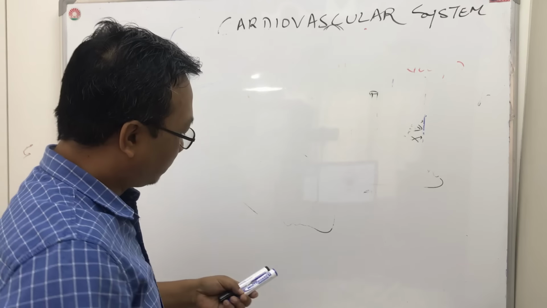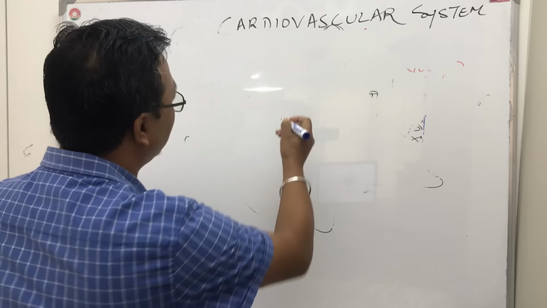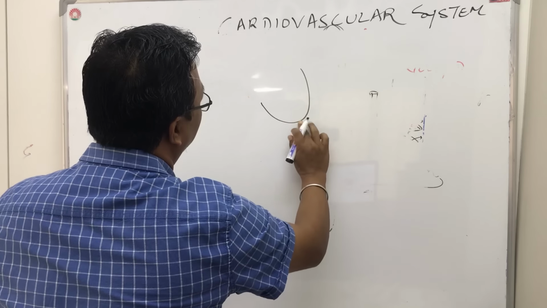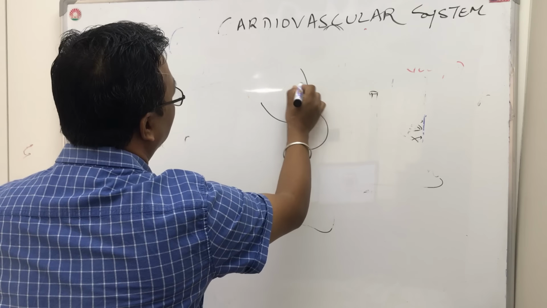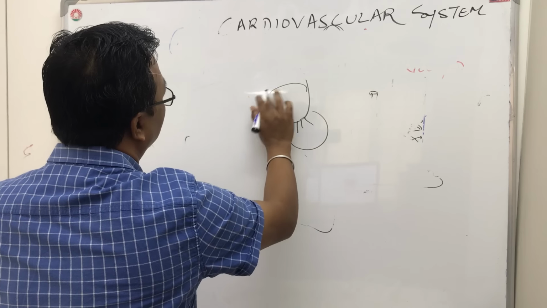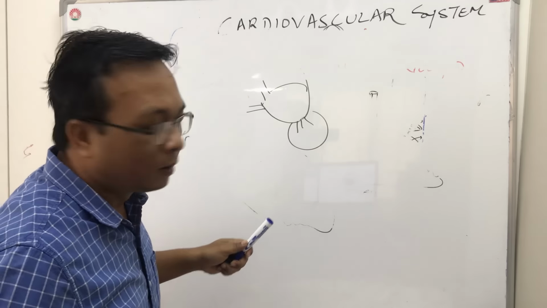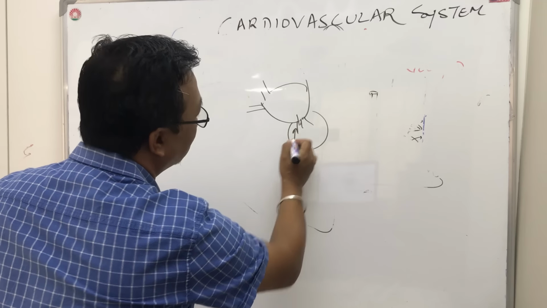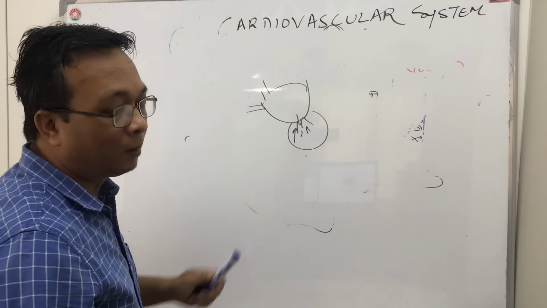One question is, if the valve prevents backflow. So listen, guys. This is the right atrium. This is the right ventricle. Yes, the valve is preventing backflow.